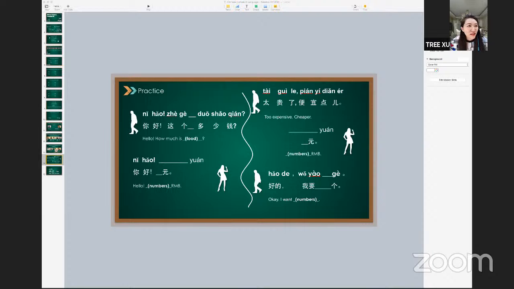Hamburger is a little bit expensive in China. Let's say 50元, 50 RMB. 你好，50元. The RMB is the yuan, correct?